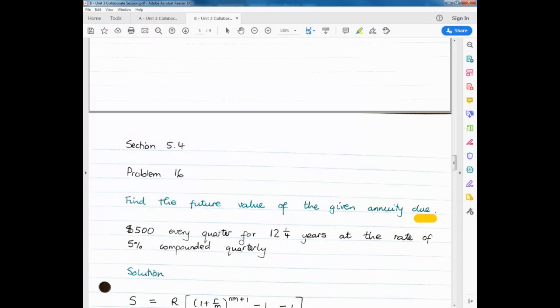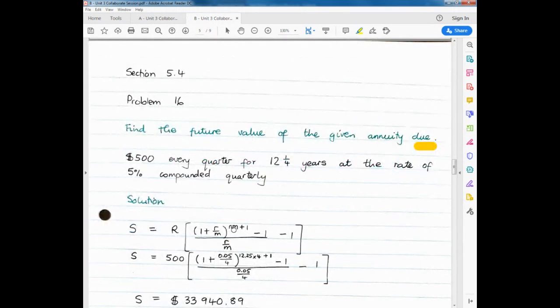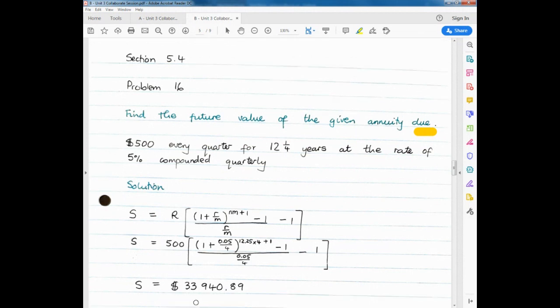Okay, so what happens now is that the formula, instead of it being just N times M, and this part wasn't there before, so we would modify the formula like this, and we'll substitute our values, and in the end get 33,940.